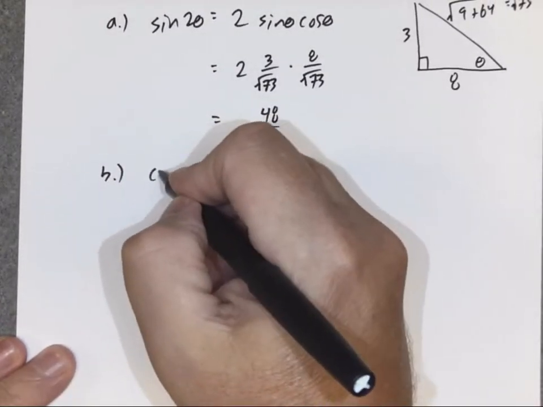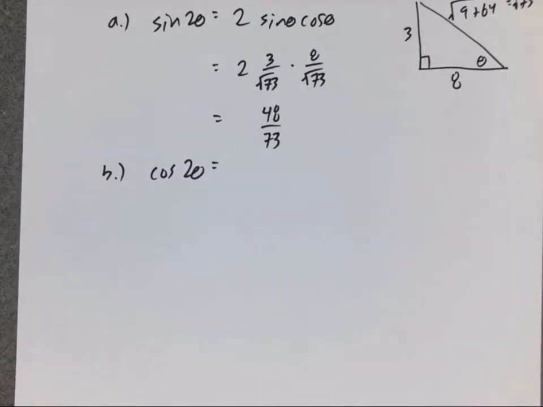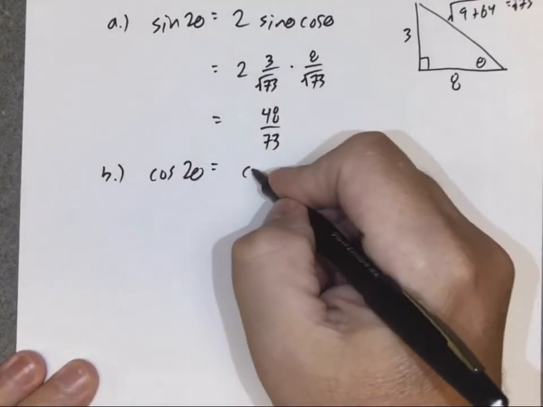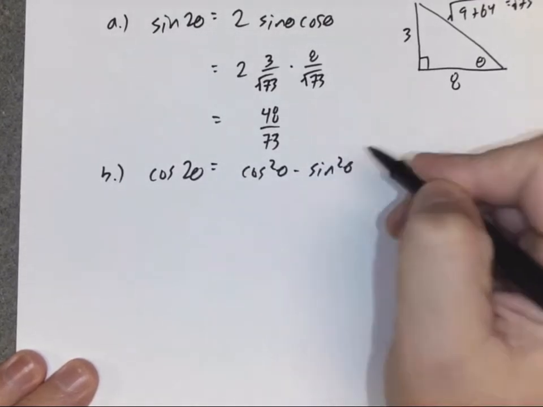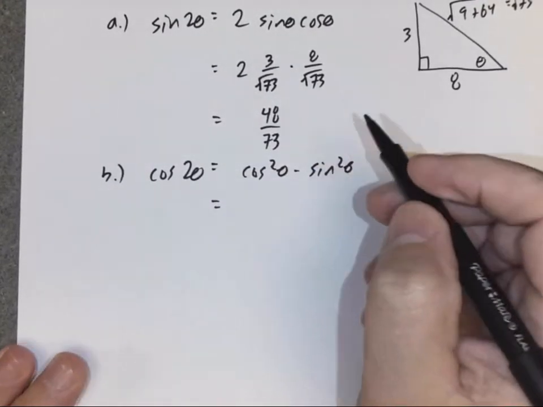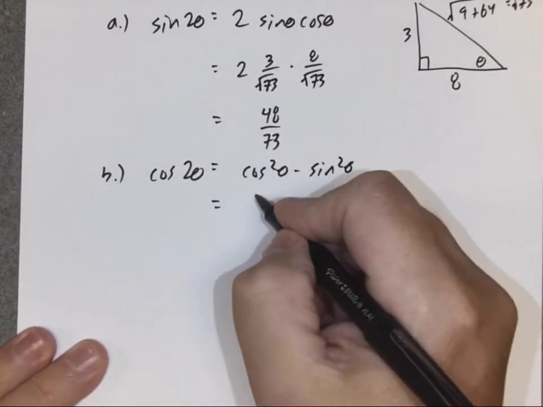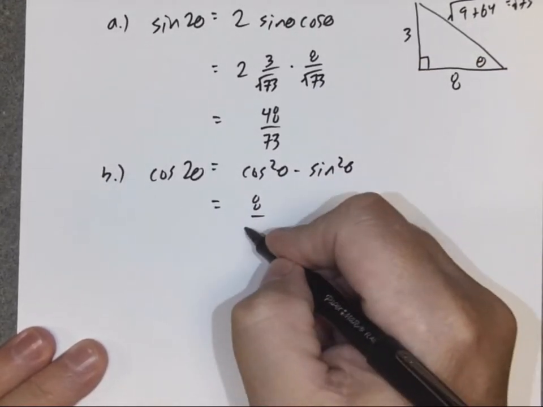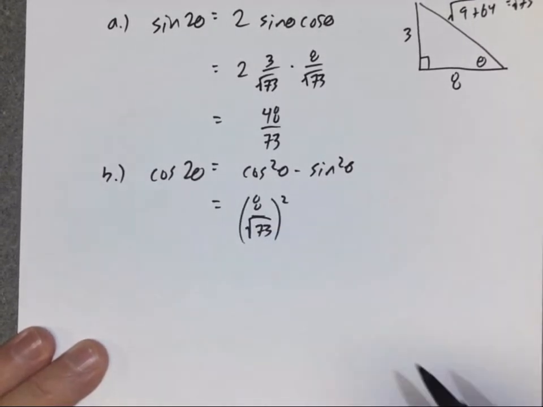B, cosine of 2 theta. I think I'm going to use that equation. Cosine squared theta minus sine squared theta. So cosine of theta, we did it up here, is 8 over square root of 73. So we're going to square it.